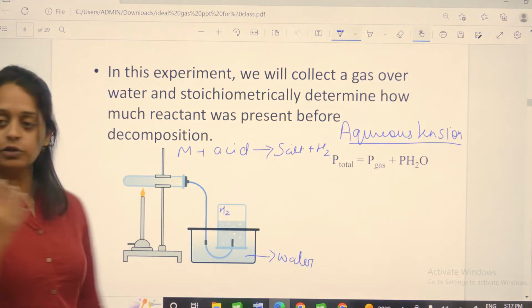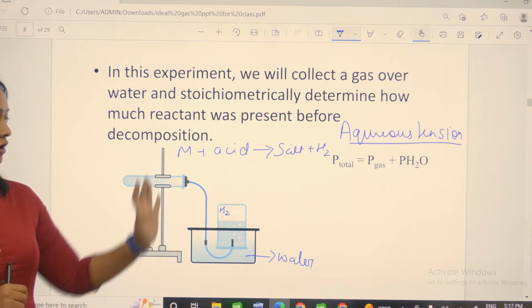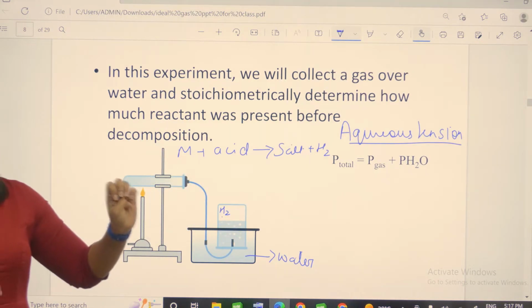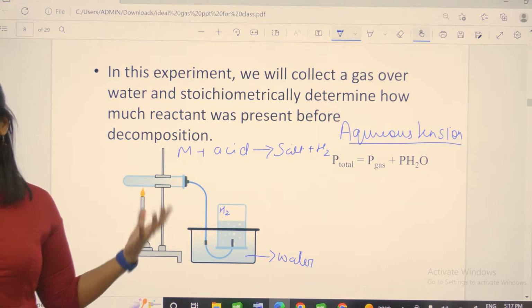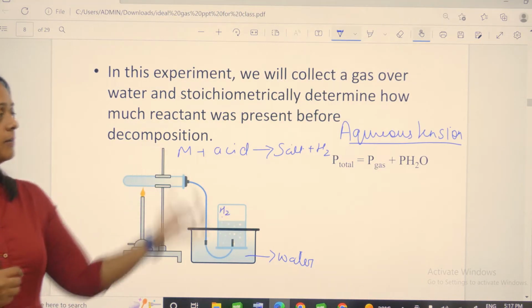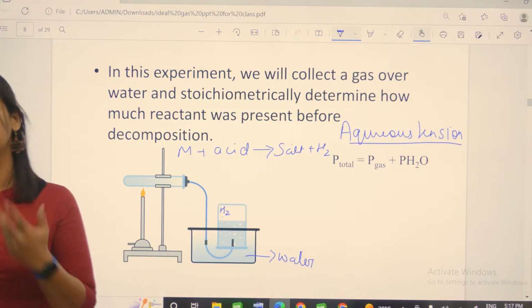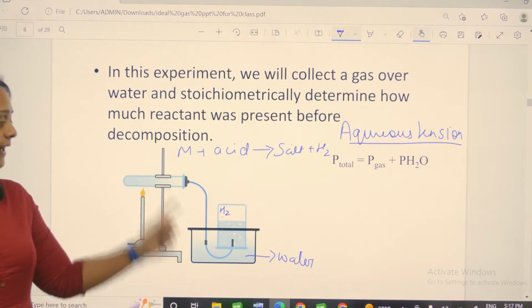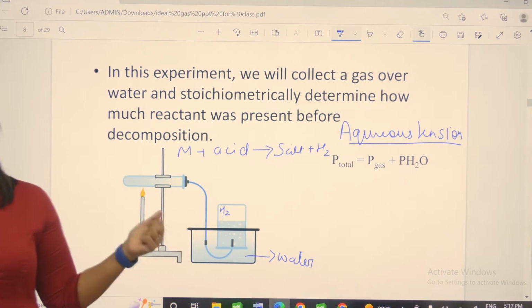This is one particular example I took, hydrogen gas, but if oxygen gas or CO2 gas is liberated, that gas can be collected over water and the pressure can be determined.